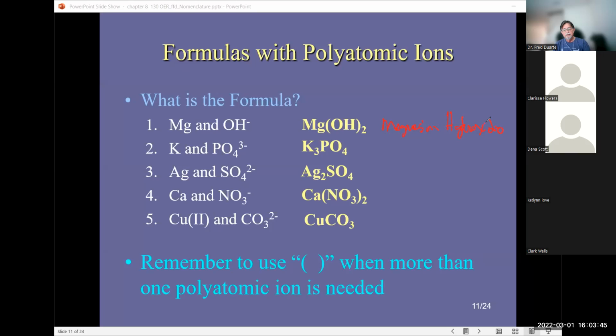Okay, not hydrogen oxygen or hydrogen oxide or anything. It's hydroxide. Okay. Second one, potassium phosphate, also found in a lot of foods, by the way. Then we have silver sulfate.